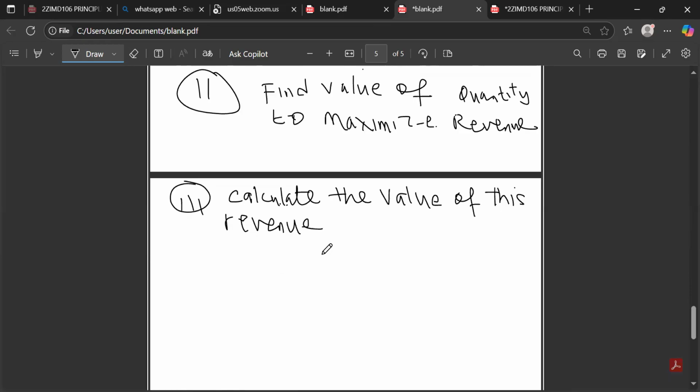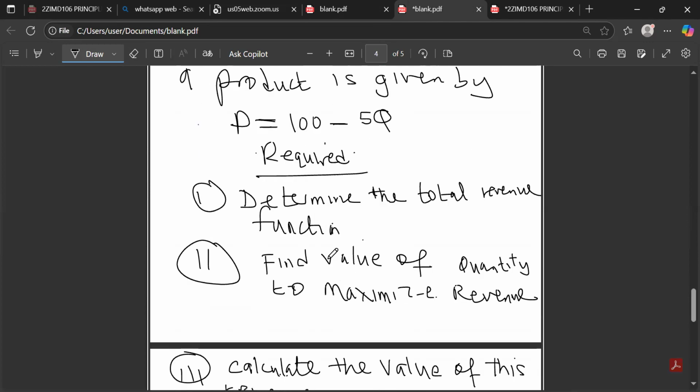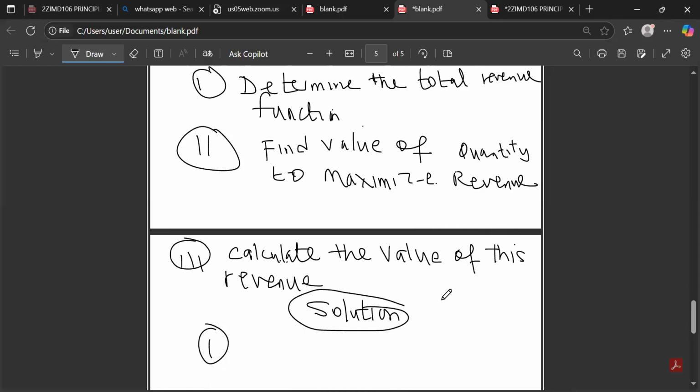Okay, so we can get down to the solution. Given that demand for a product is given by price equals 100 minus 5Q, determine the total revenue function, find the value of quantity to maximize revenue, and calculate the value of this revenue.